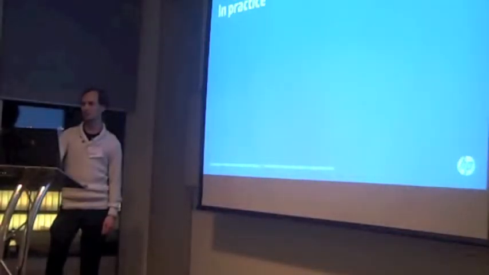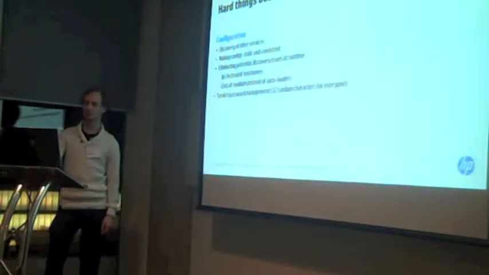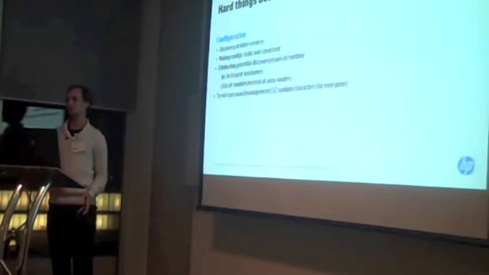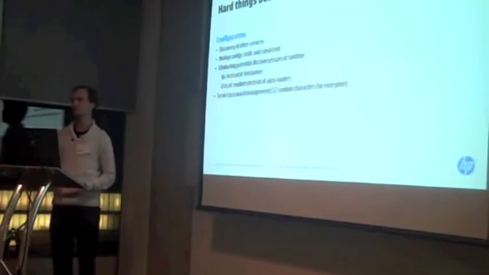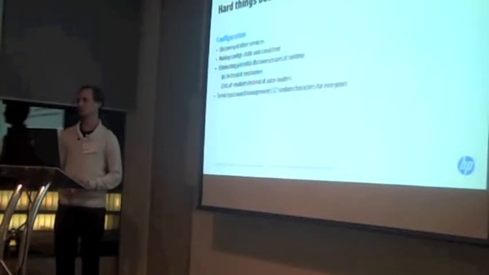So when you're running an automated system in practice, some of the things that would be hard if you did stuff by hand become really simple. Like I mentioned, discovering other services. Before Keystone it was much harder. With Keystone it's a little bit better, but there are still things like, where's my database, what is my password, what's my username.